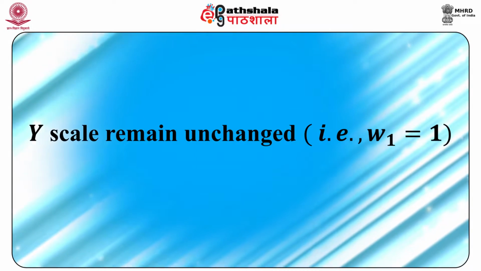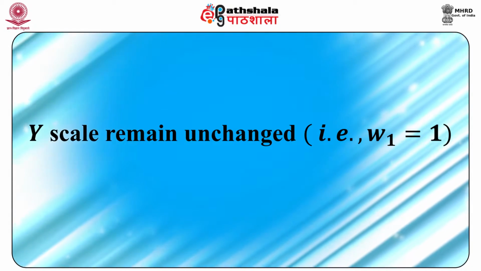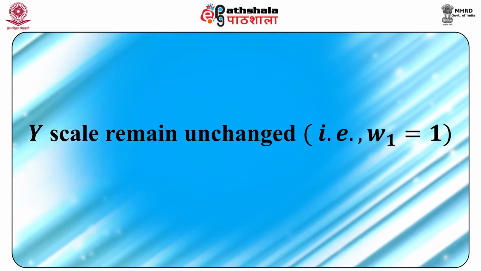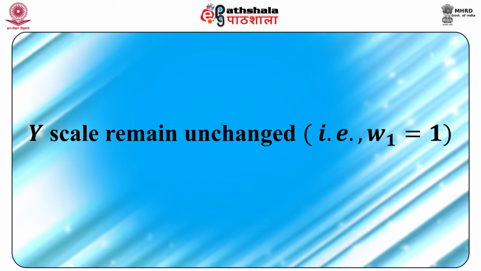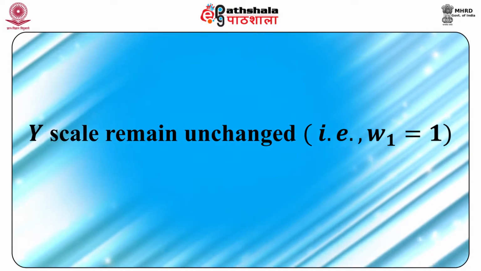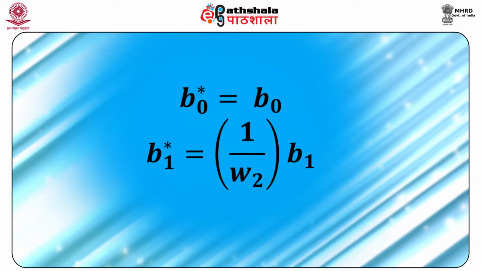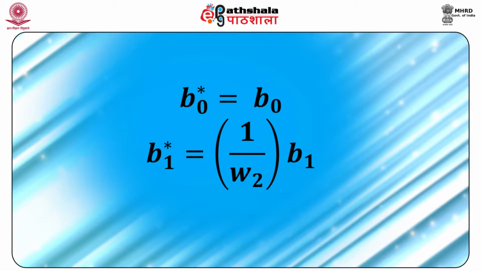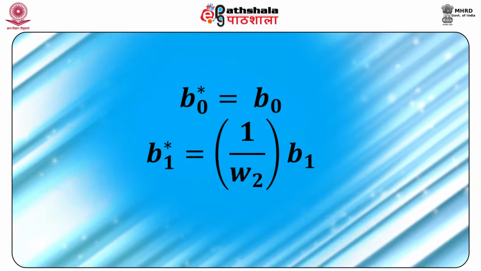Let us now look at the third scenario where the y scale remains unchanged, which means W1 is equal to 1, but W2 is W2, which means we have a scalar with the x variable, but the scalar with the y variable is equal to 1. In such a scenario, b0 star comes out to be equal to b0 and b1 star comes out to be equal to 1 upon W2 into b1.